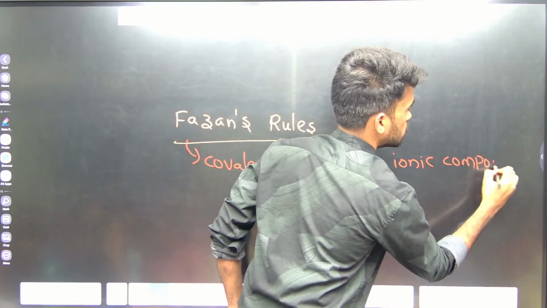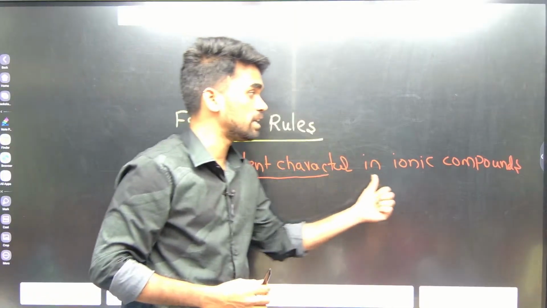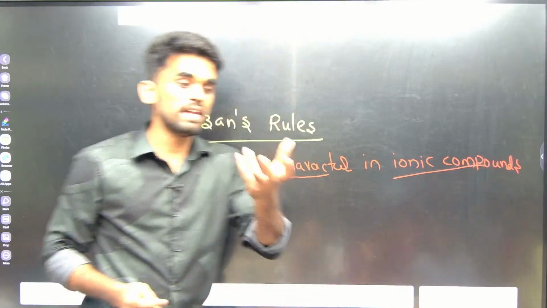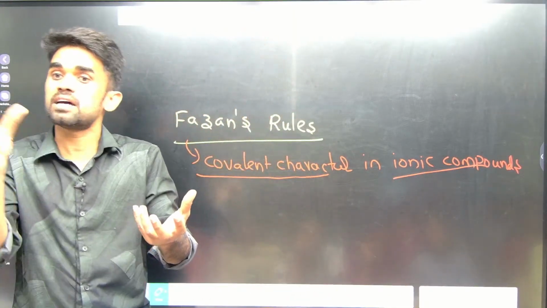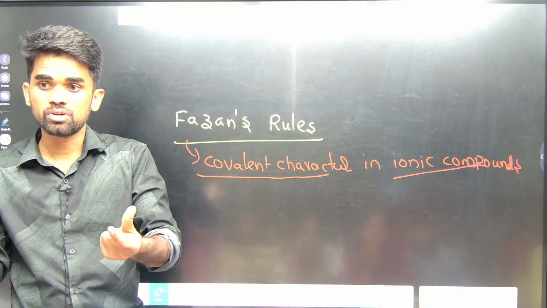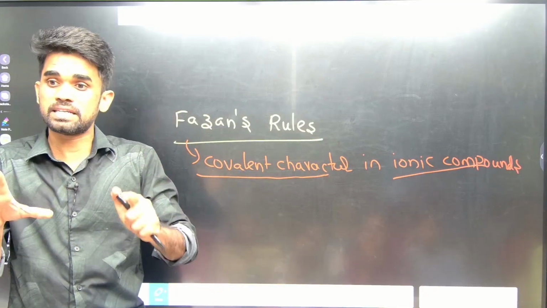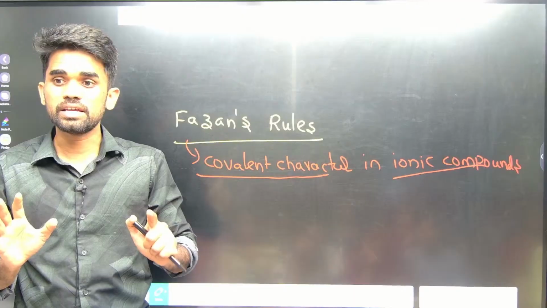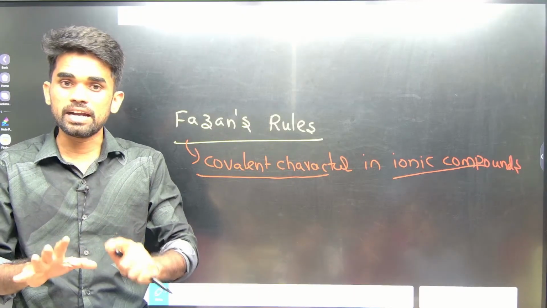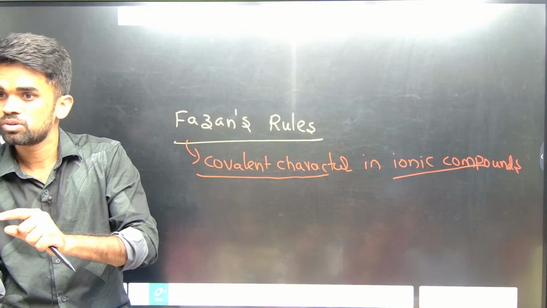So for every ionic compound there is some covalent nature. It means there is no compound that is 100% ionic. For every ionic compound there is some covalent nature.